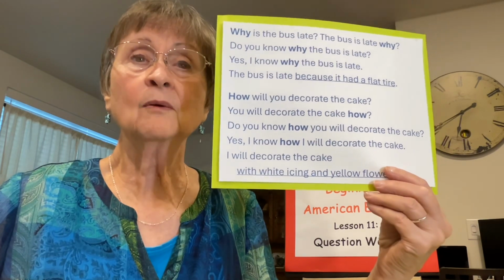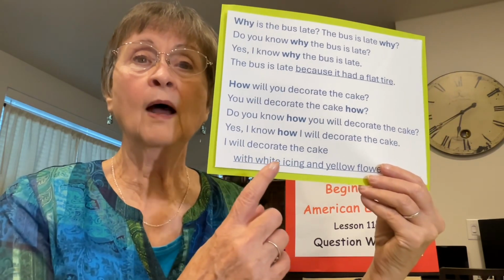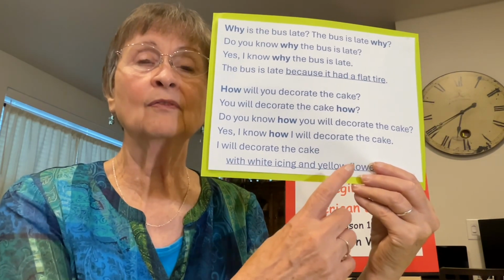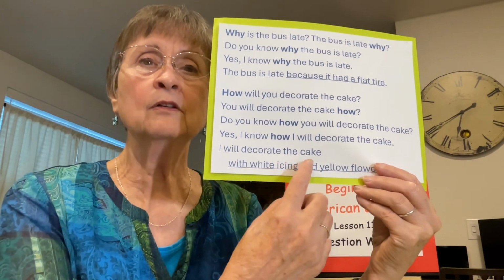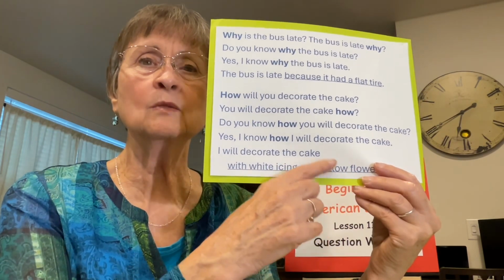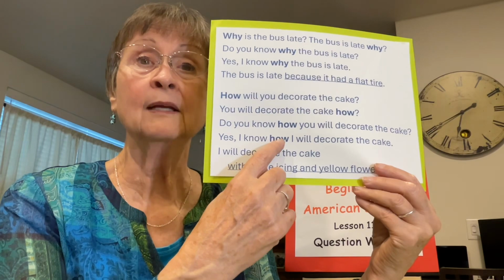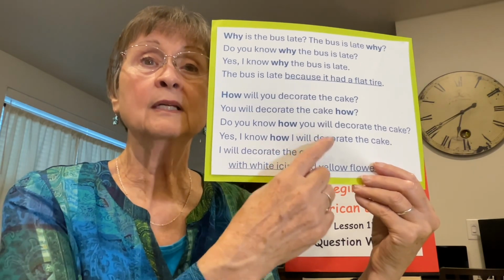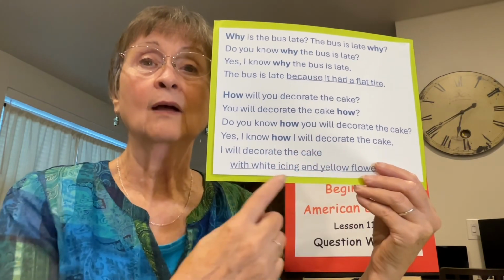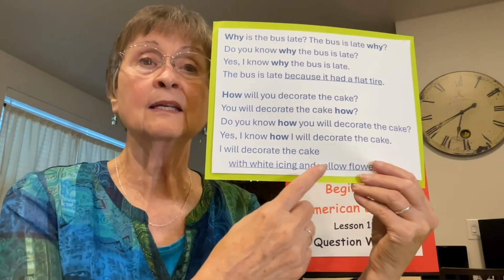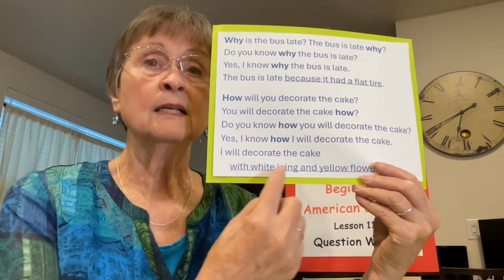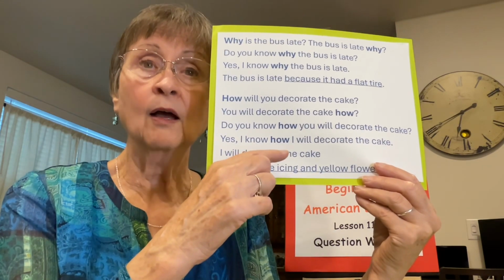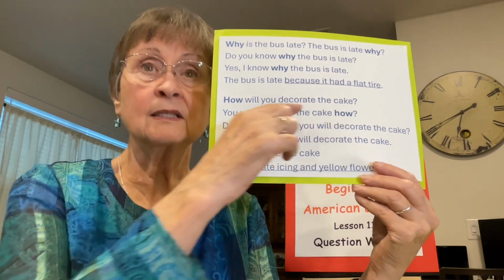I will decorate the cake with white icing and yellow flowers. Now, every time I underline one of these, that means this is what the how would have been. I will decorate the cake with white icing and yellow flowers. But if I didn't know yet, I would put how in its place for all of these sentences.